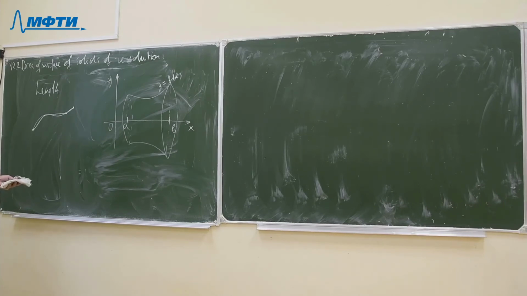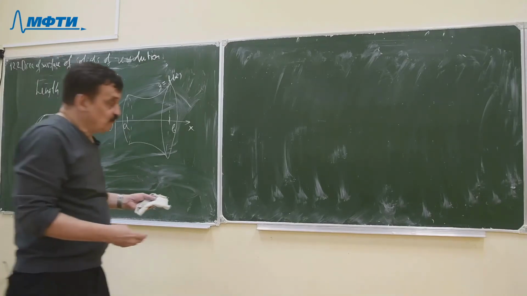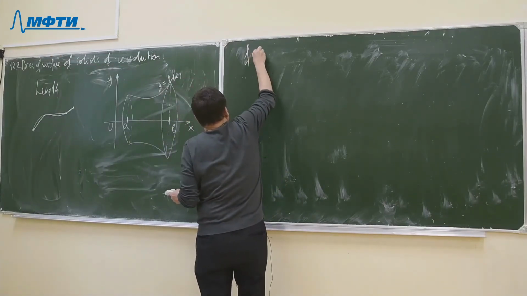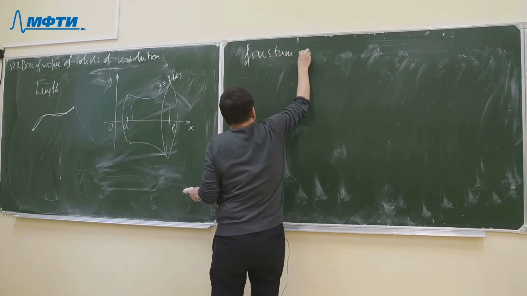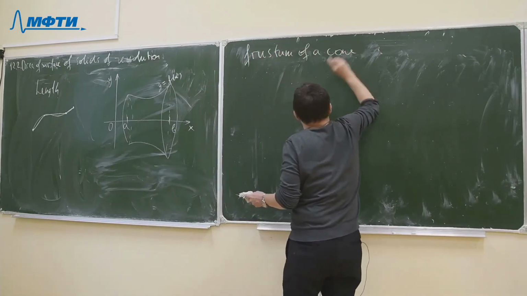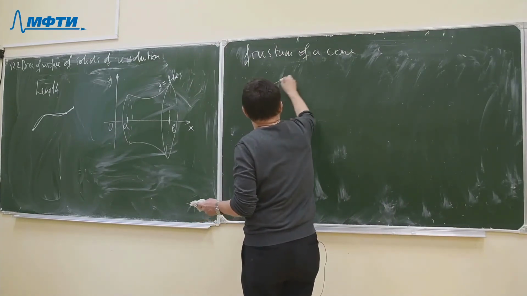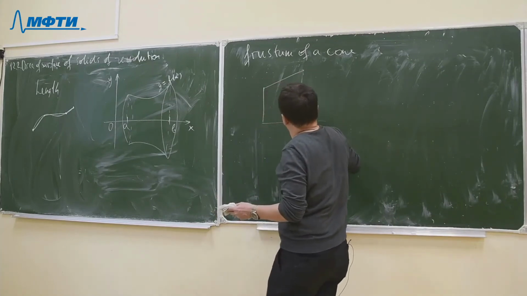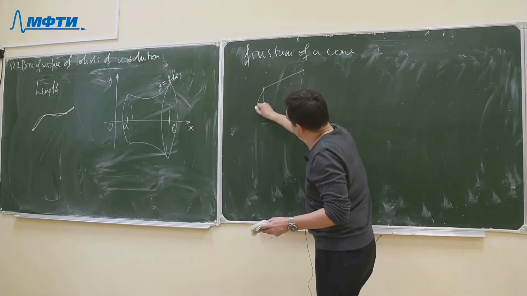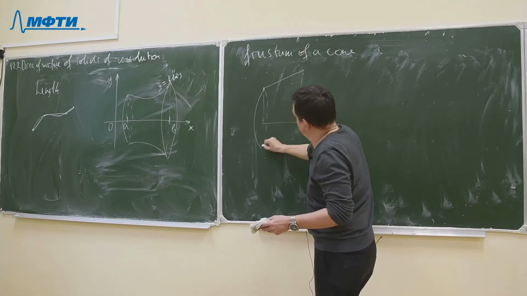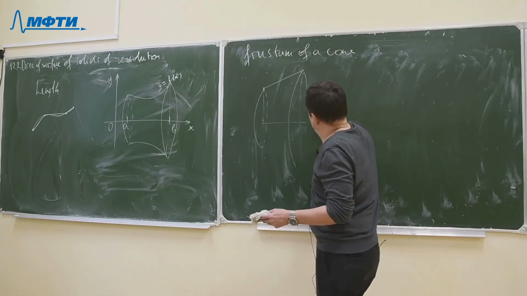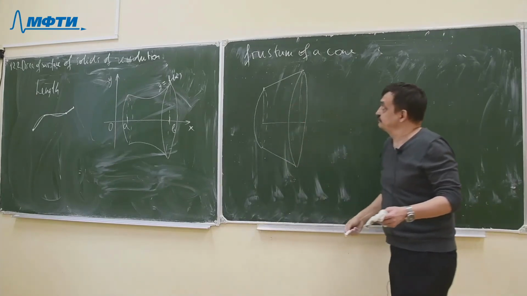So, what can we do? We can refer to the frustum of a cone. So, if we take a slant line, right, and we rotate that slant line, then we obtain a frustum of a cone, right?